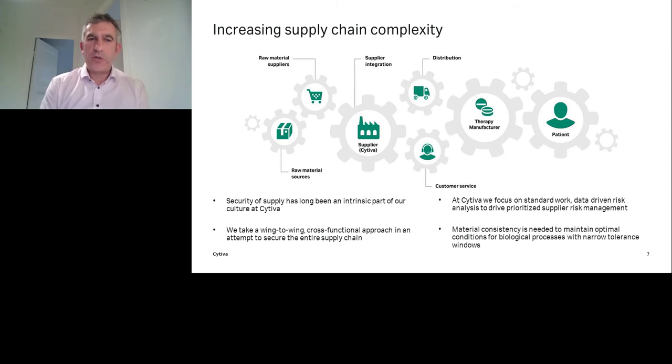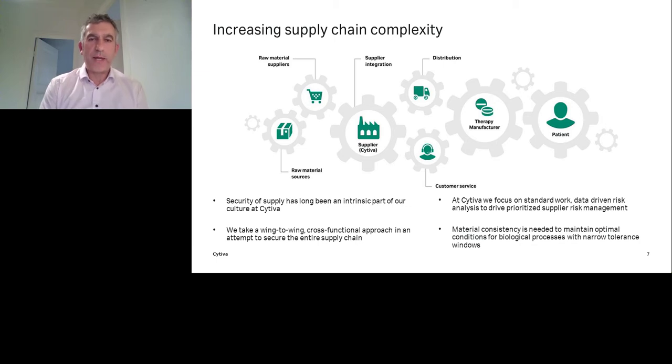But at Cytiva, security of supply has long been an intrinsic part of our culture and our business and our way of thinking. And we strive to take a wing-to-wing, cross-functional approach in an attempt to secure the supply chain and involve stakeholders from across our business. A number of ways we do this. First of all, we aim to standardize our work to make sure that things are repeatable and dependable in our processes, and that we have clear roles and responsibilities.